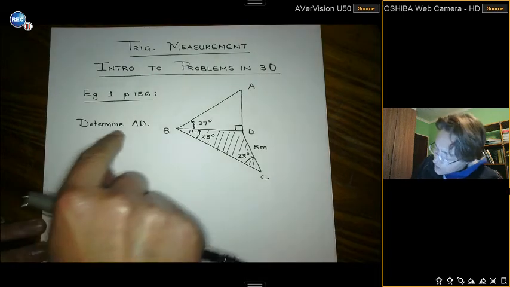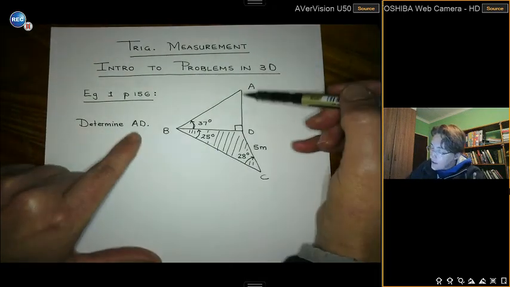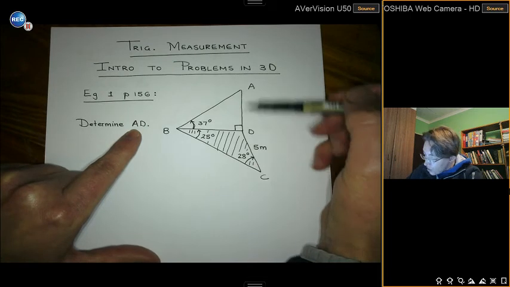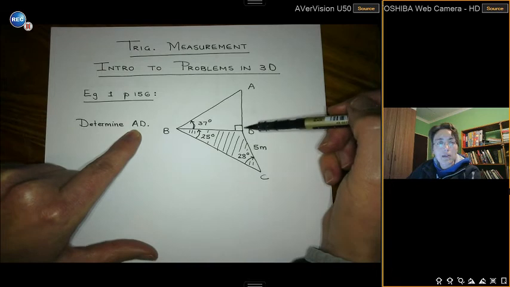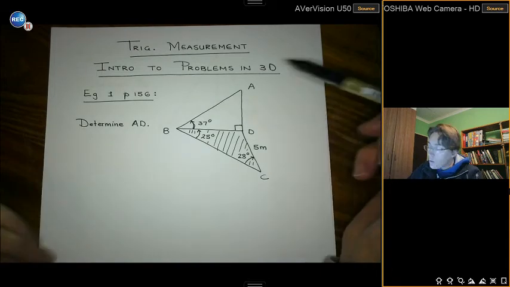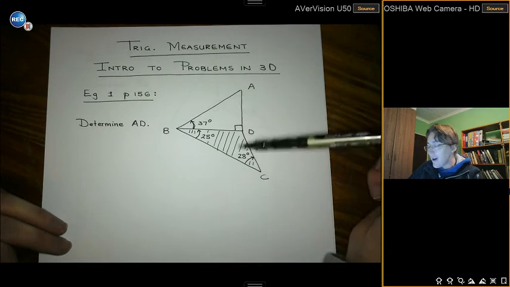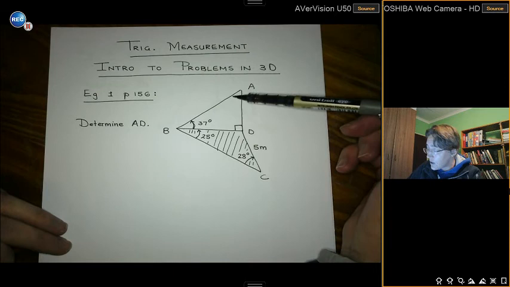Now if you want to determine AD, it's very important to realize that even though AD is located in this triangle right there, which is in the vertical plane, we hardly ever start in the triangle where we're trying to calculate a value. We always start in the other plane and then work our way towards that triangle in the vertical plane in this case.